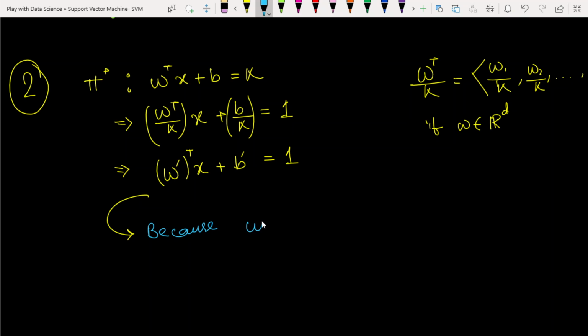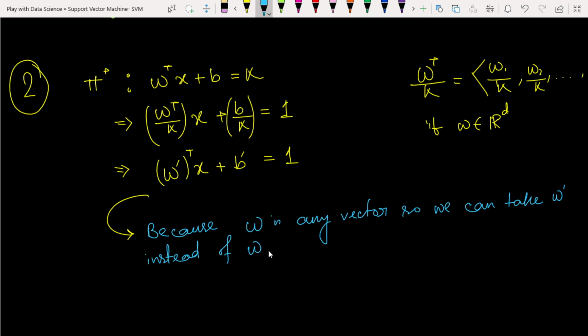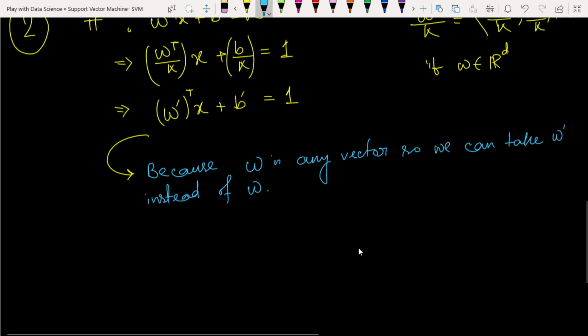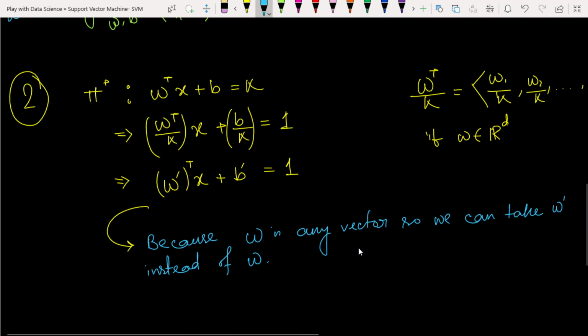Because w is any vector, we can take w dash instead of w. So I think you easily understand the second interpretation.